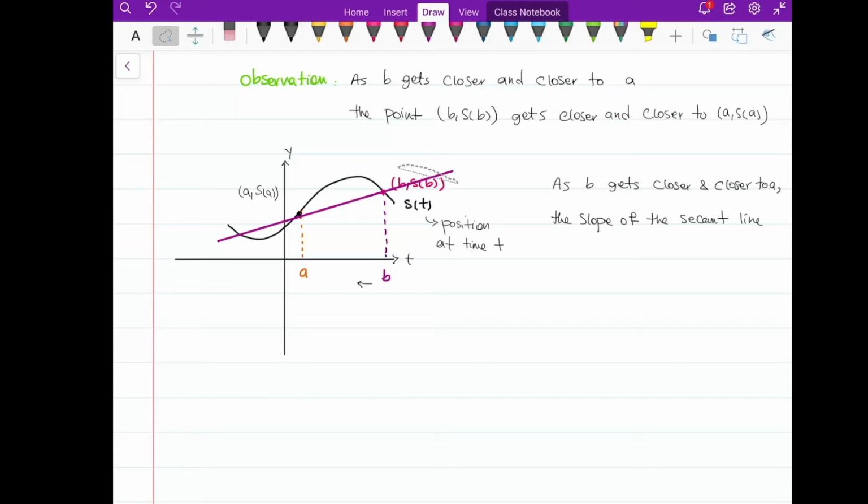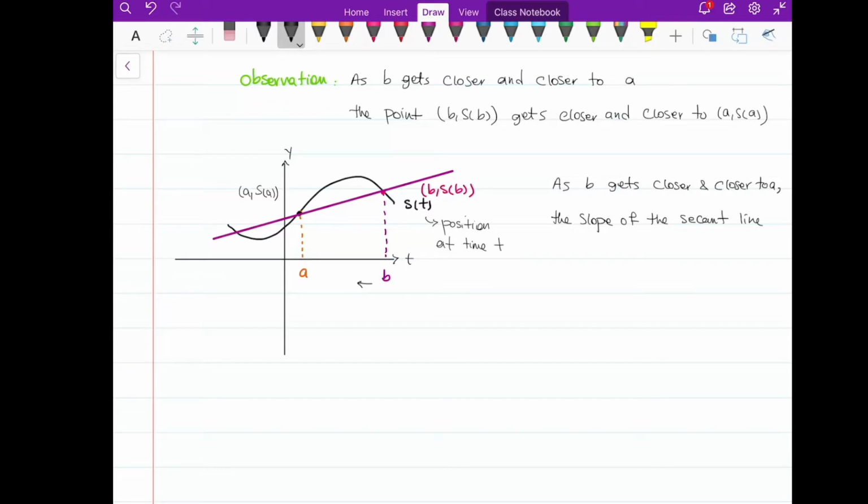Let me just move this one a little bit down. Okay, so this is the secant line that is passing through the point b and s of b and a and s of a. So the slope of this line is going to change. How?